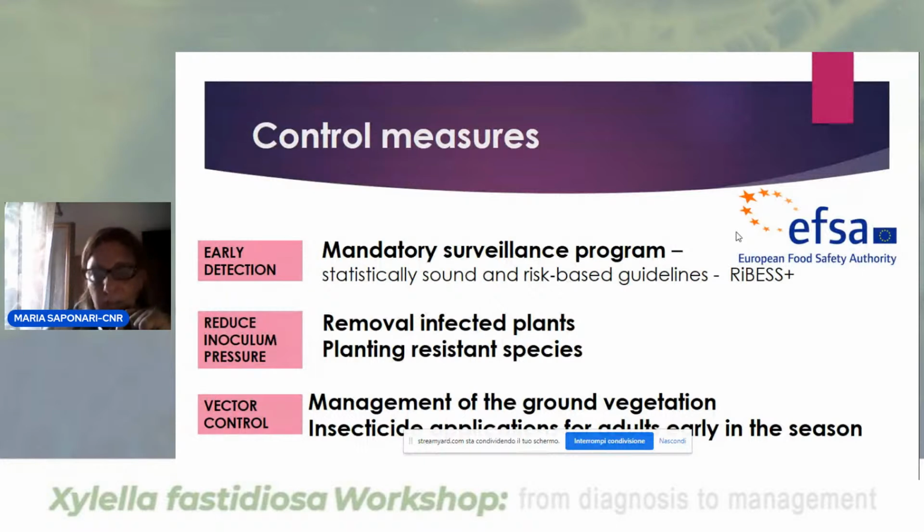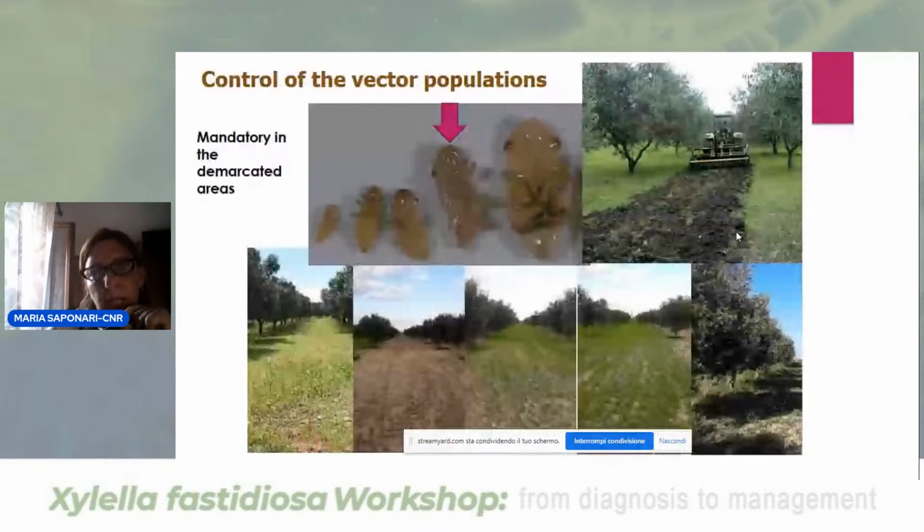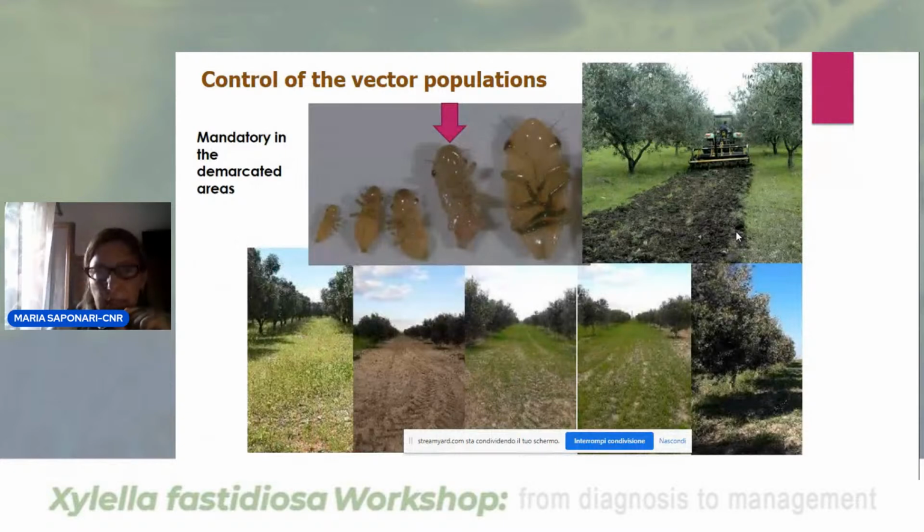Vector control is achieved mainly through two approaches. One is to target the juveniles, which is the most recommended action, as it is more sustainable, environmentally and economically, and has higher efficacy than the control of the adults.